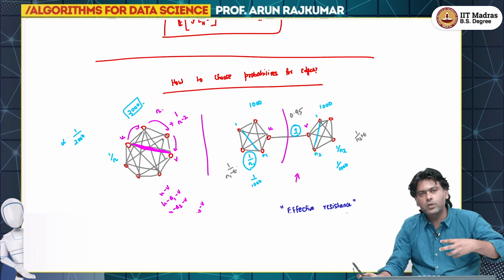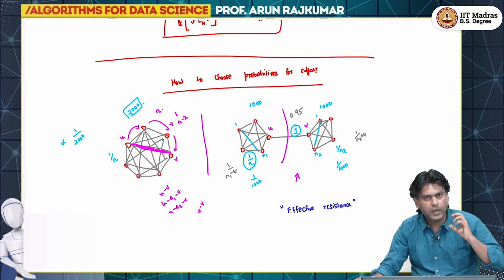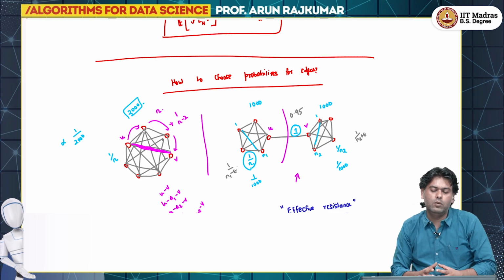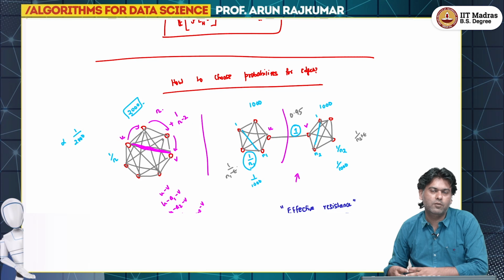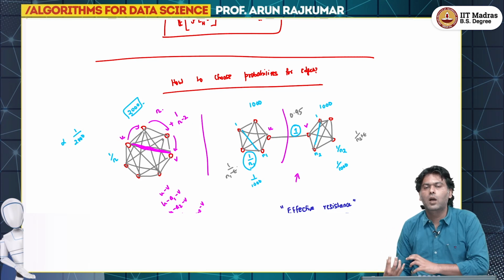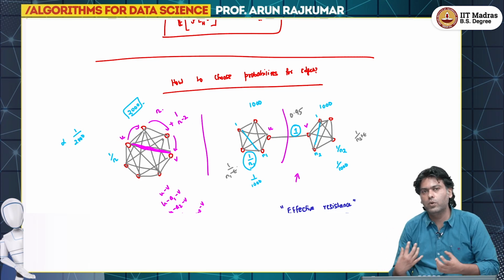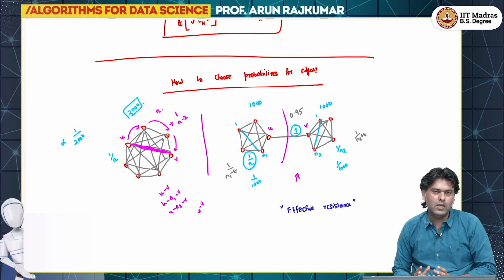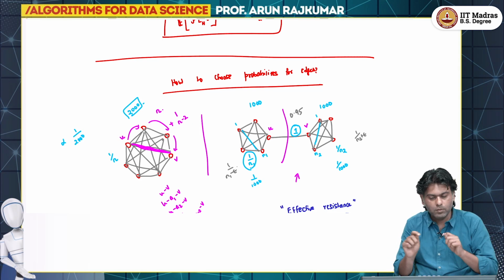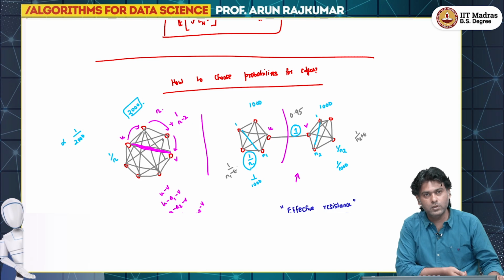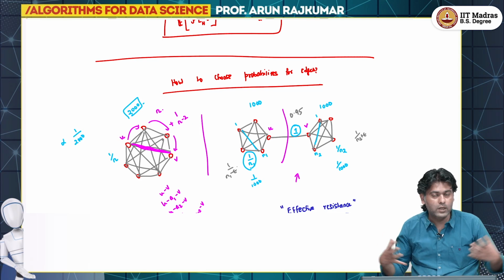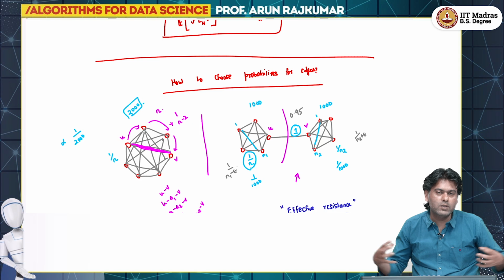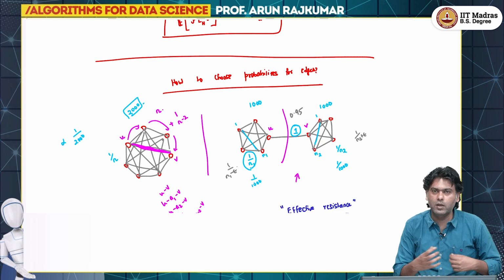The probabilities are going to change a little bit, which means I am going to have to pay that penalty in terms of how sparse the graph is going to be, but roughly I am not going to lose so much because of the power of Johnson-Lindenstrauss.